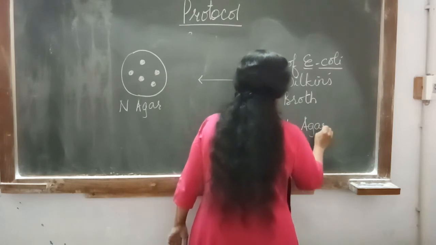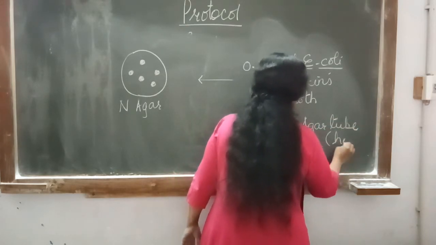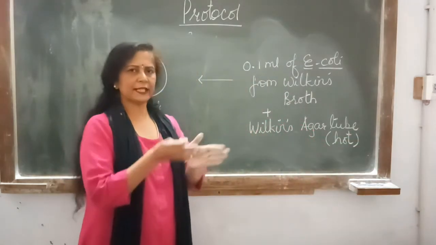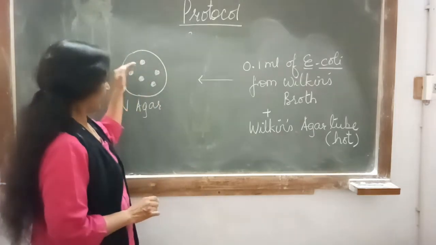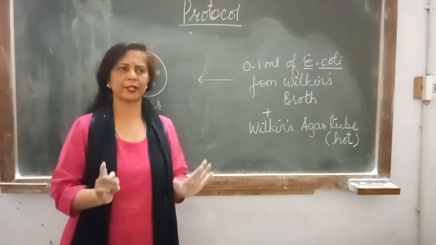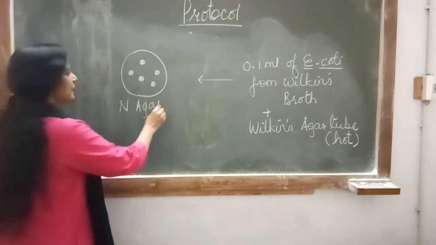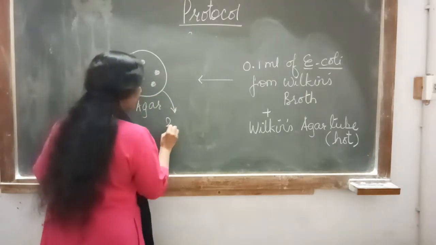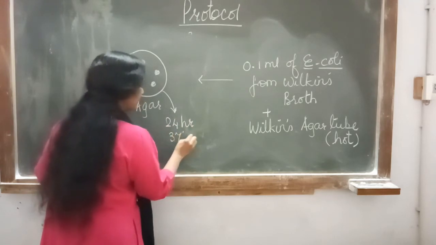Wilkins agar cube, which will be molten, which will be hot, that is in the form of liquid. It will be properly mixed, and then after it will be overlaid on the agar plate in which we have already found the colonies of antibiotic producing bacteria. Okay, now this plate will be further incubated for more 24 hours at 37 degrees centigrade temperature.